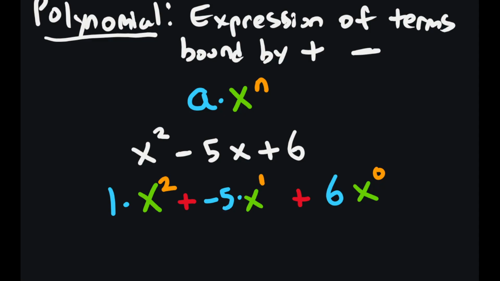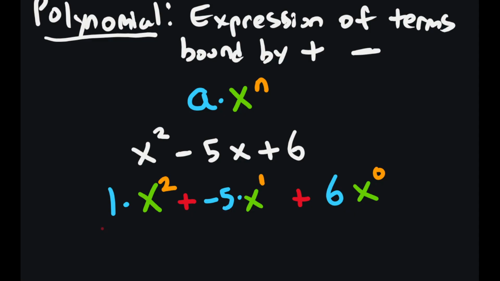And that is because x to the 0 power is 1. Anything to the 0 power, except 0 to the 0, is 1. So this is really just 1, and that comes out to 6 times 1, which is 6. So that's how you write this polynomial in ax to the n form.